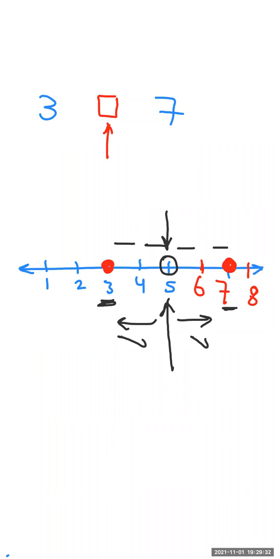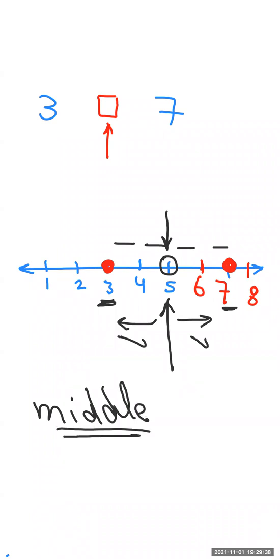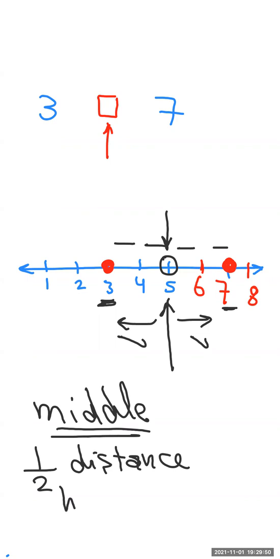Yeah. So this number lies in the middle between these two numbers, or lies at half distance between these two numbers, or lies halfway between 3 and 7. Correct?